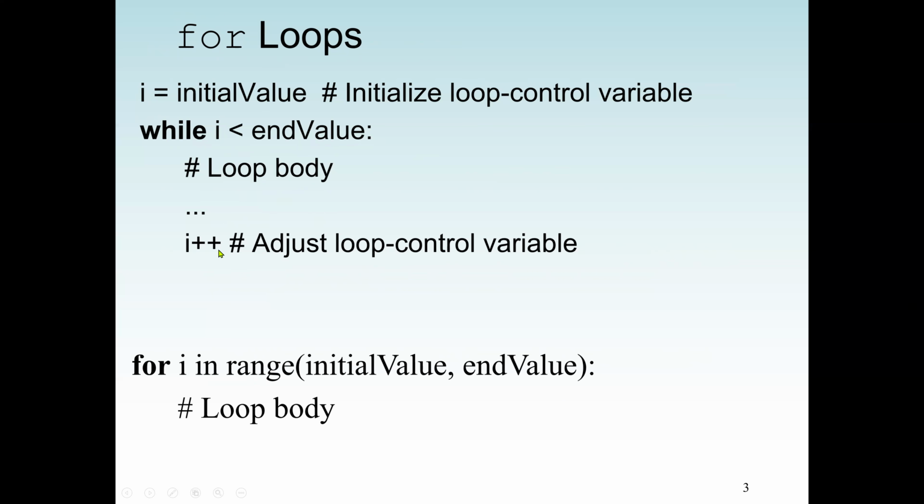Then we increment the I variable by 1. So this is a counter-controlled loop. If we initialize I to 0, and let's say we have 10 here, that means the loop will execute 10 times from 0 to 9. If we initialize it to 1 and our end value is 10, it means the loop will execute 9 times.